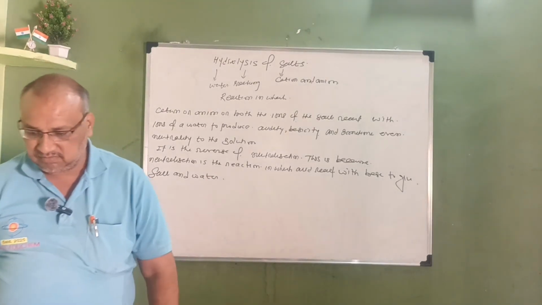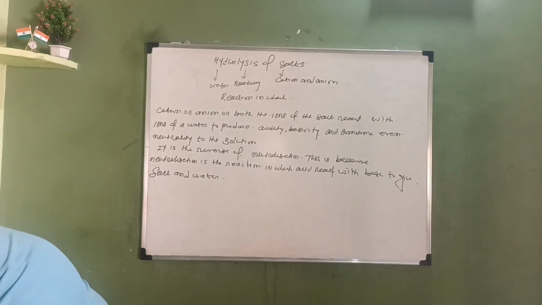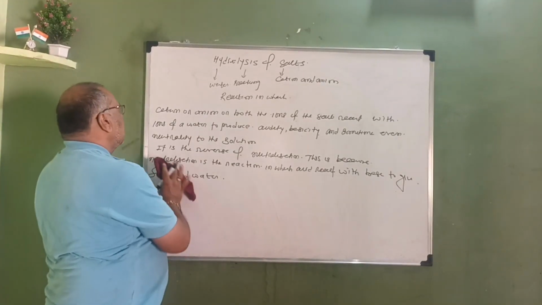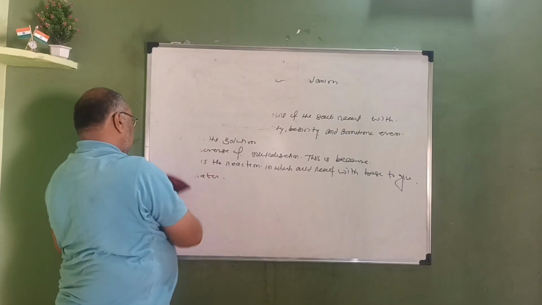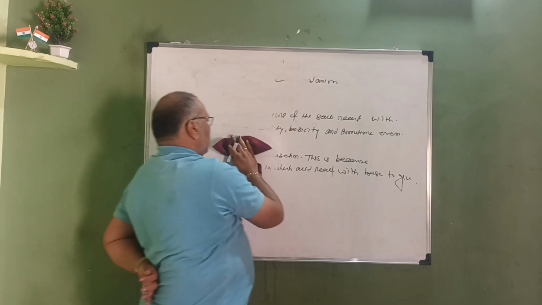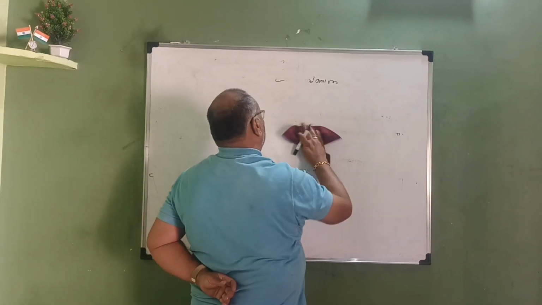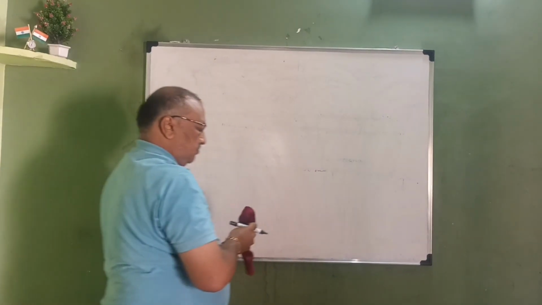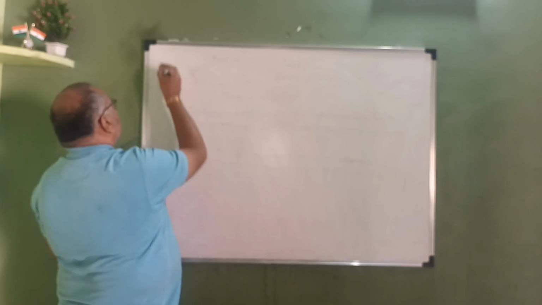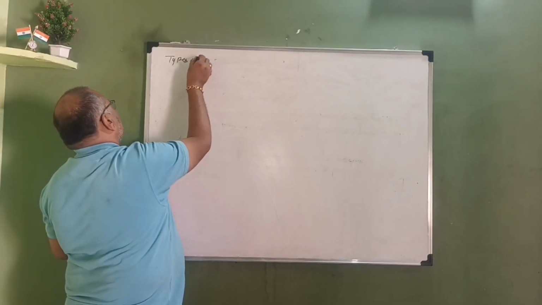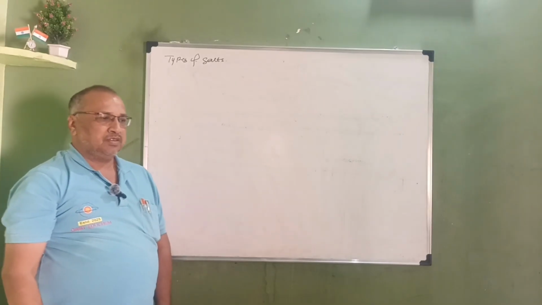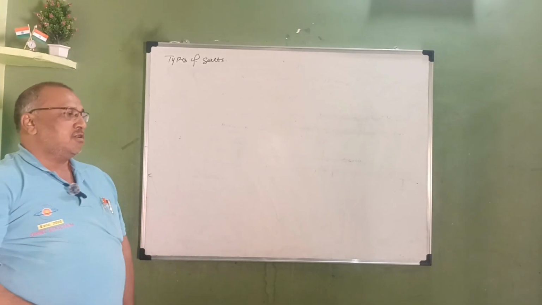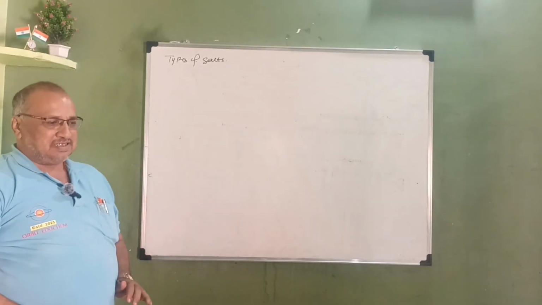Now here write down types of salt. Actually, salt consists of acids and bases.